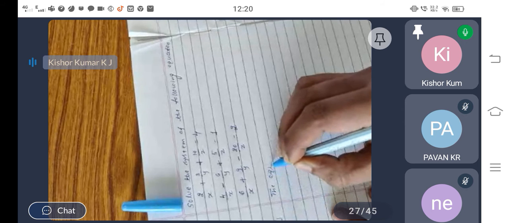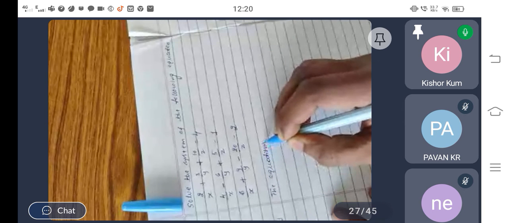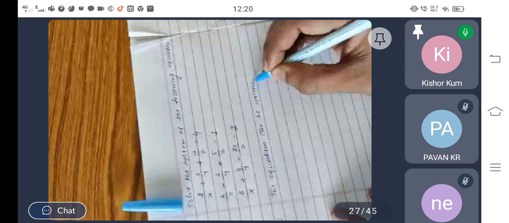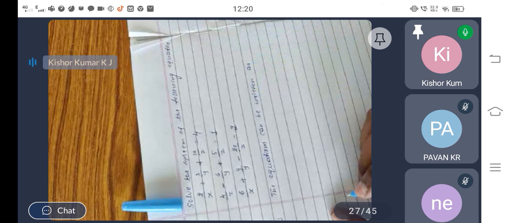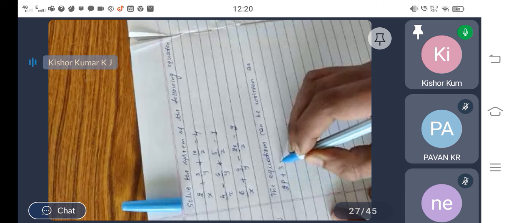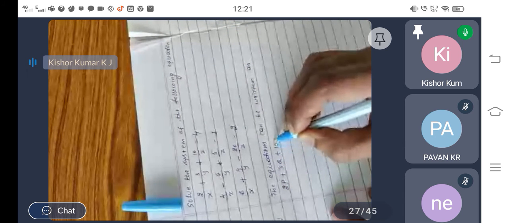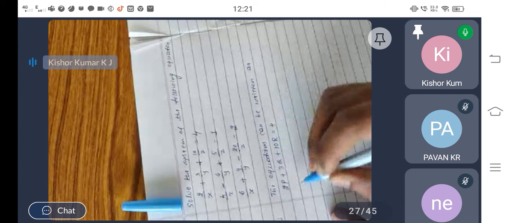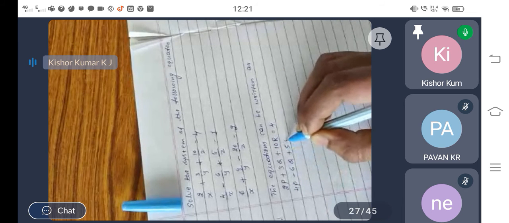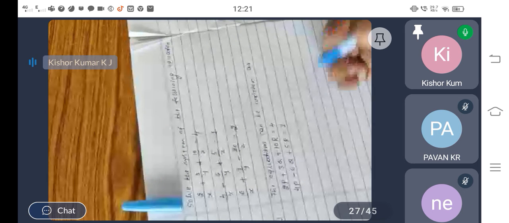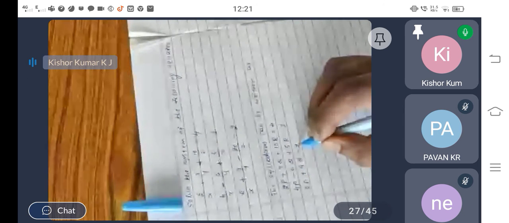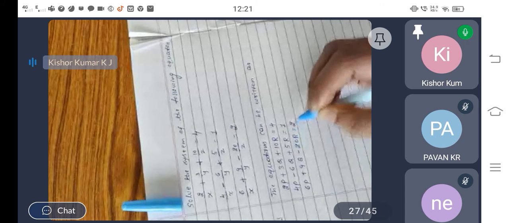The equations can be written as 2p plus 3q plus 10r equals 4, 4p minus 6q plus 5r equals 1, 6p plus 9q minus 20r equals 2.